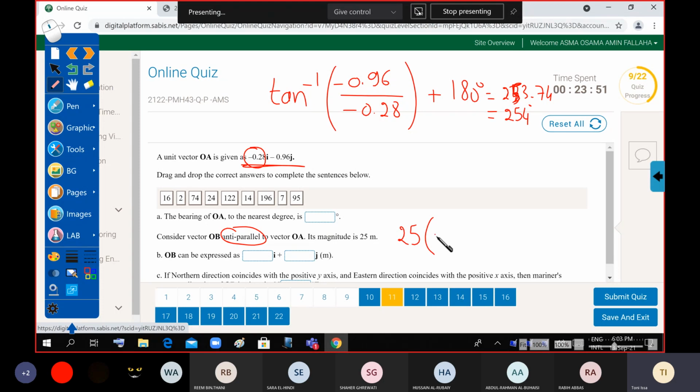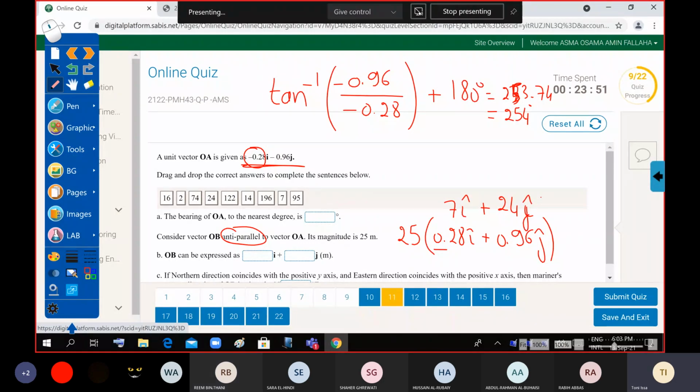So that's why I multiply by 0.28i plus 0.96j. I flip the signs. If one of them, let's say it was 0.28 minus, so here it will be minus then 0.28 plus. So when they say this anti-parallel thing, you multiply by the opposite, and then you will get 7i plus 24j. That's what you will get.